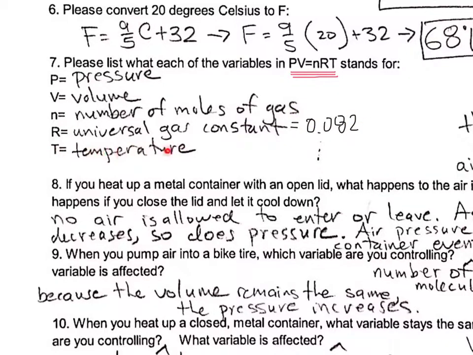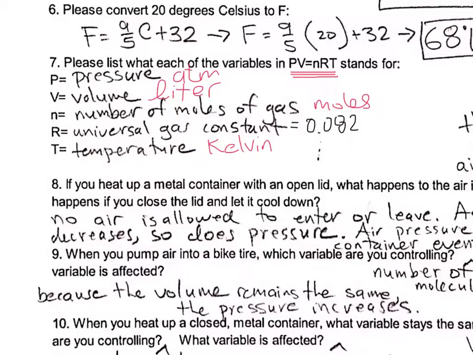And then lastly, T stands for temperature, and temperature is measured in Kelvin. All right, so it is important to know these things. Pressure is measured in atmospheres, volume is measured in liters, number of moles is measured in moles, and temperature is measured in degrees Kelvin.